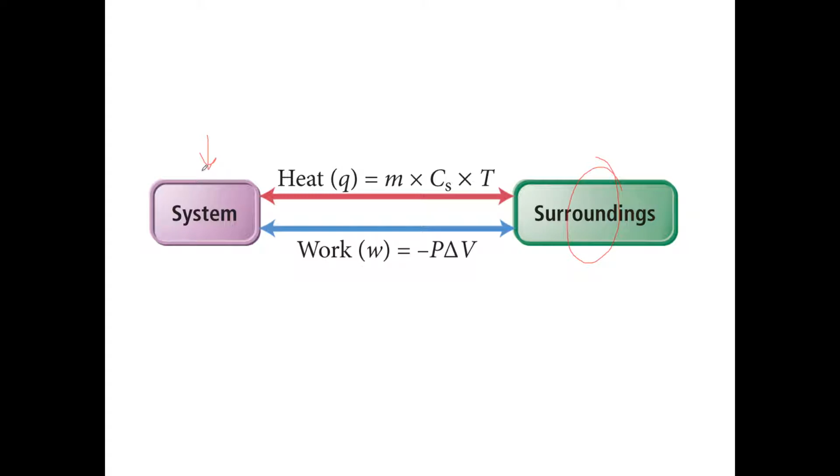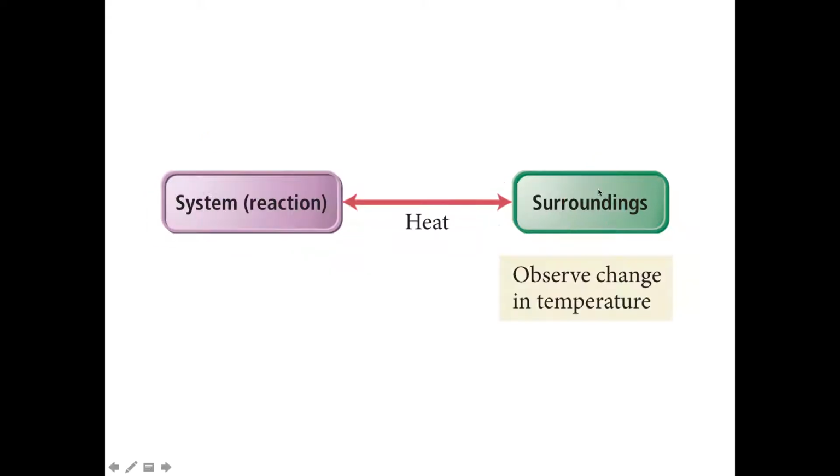So we've got a really tight link between the system and the surroundings. What we can't measure with respect to the system, we will measure with the surroundings, and then use this important understanding that it's tied to the system.